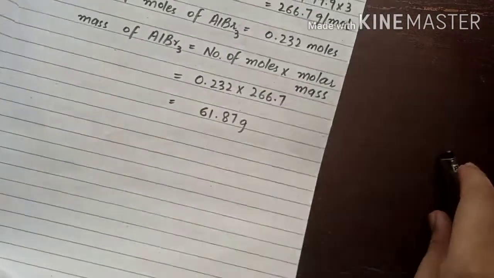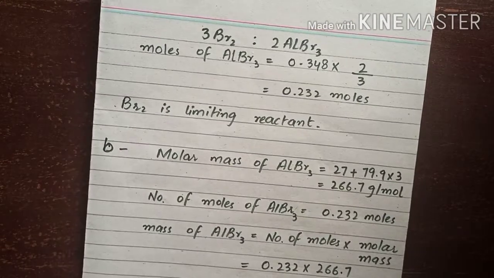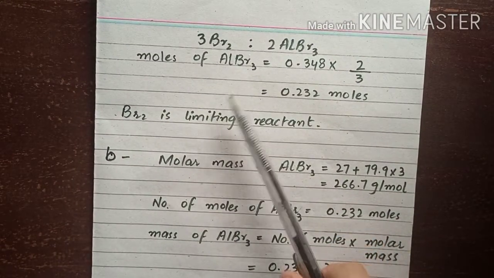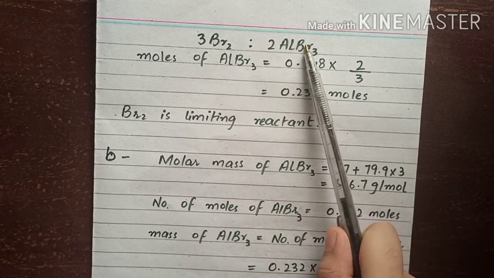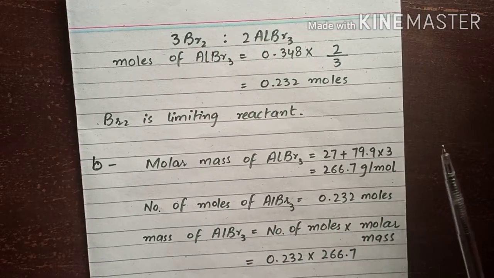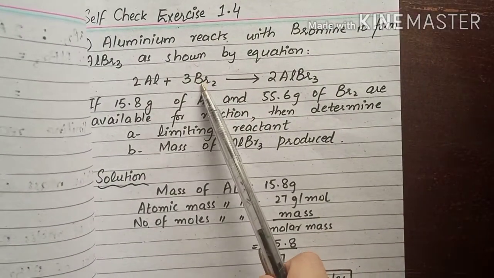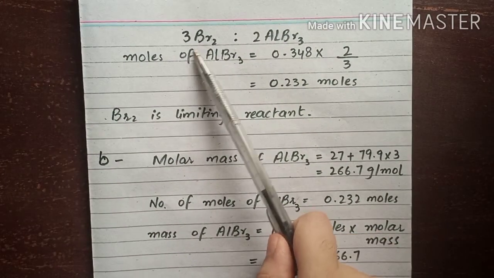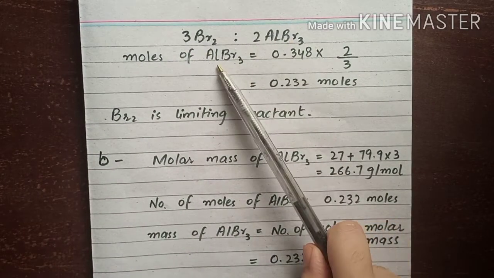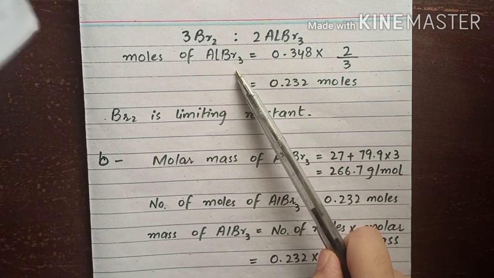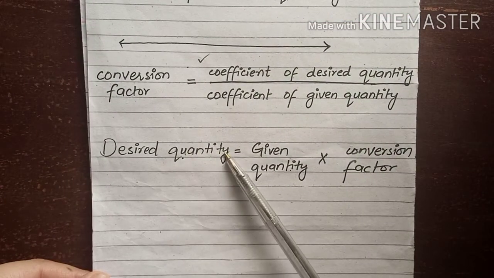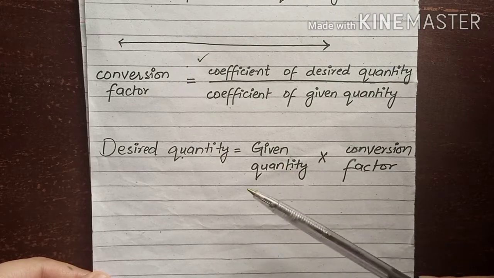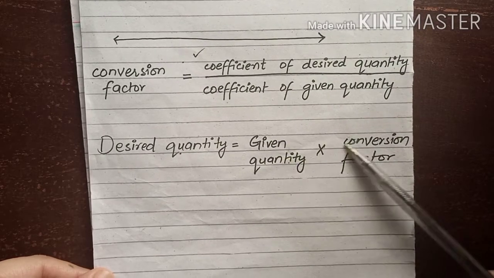So now we are going to find out the moles for the bromine. We are going to find out the moles of aluminium bromide obtained from the bromine by comparing the moles of bromine with the aluminium bromide, using the equation. Here the equation says 3Br2 and 2AlBr3. Moles of aluminium bromide, we calculate by multiplying the given quantity by the conversion factor.